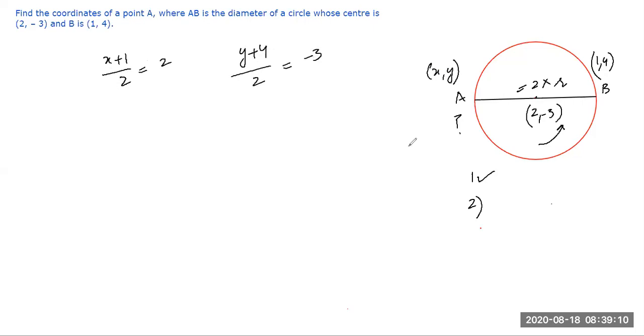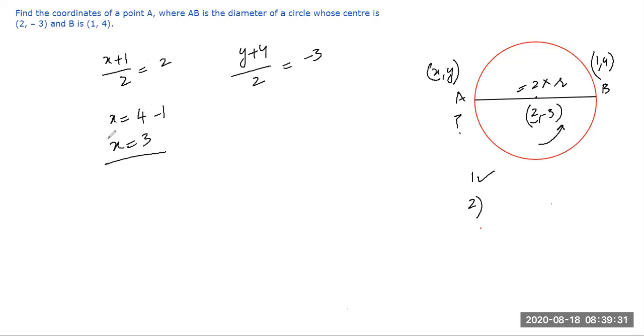Am I right, Hamza? Yes, sir. Using midpoint formula, abscissa of this plus abscissa of this by 2 should be equal to 2. So x is equal to what? 4 minus 1 is equal to 3.